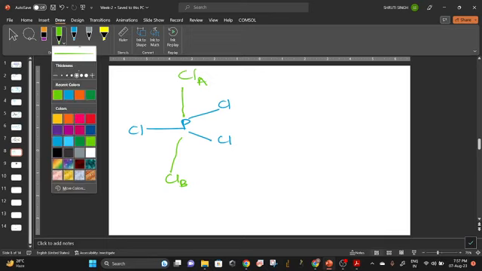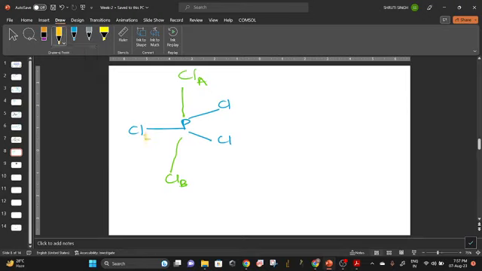Now they have shown that there is S3. S3 means, if I put S3, C3 through these bonds, PCl A, Cl B bond, then these will change places.